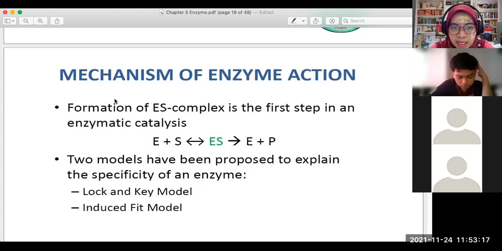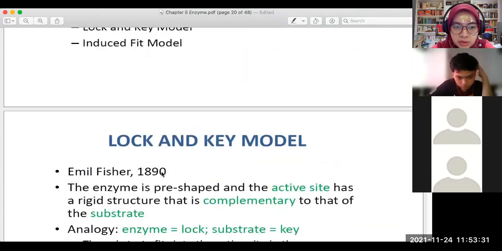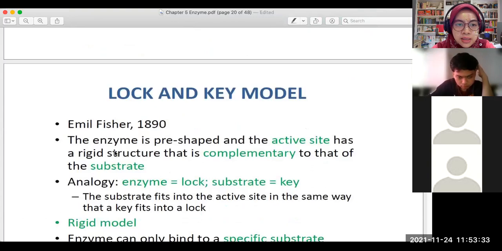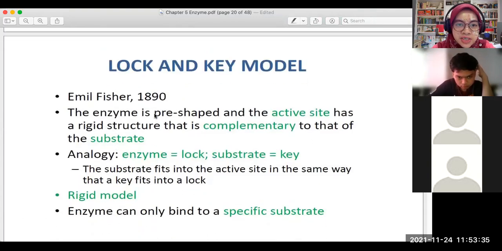Okay, so this mechanism of enzyme is proposed to happen in two theories. We have the lock and key model and also the induced fit model. Let's look into the lock and key model. It was founded by Emil Fischer.